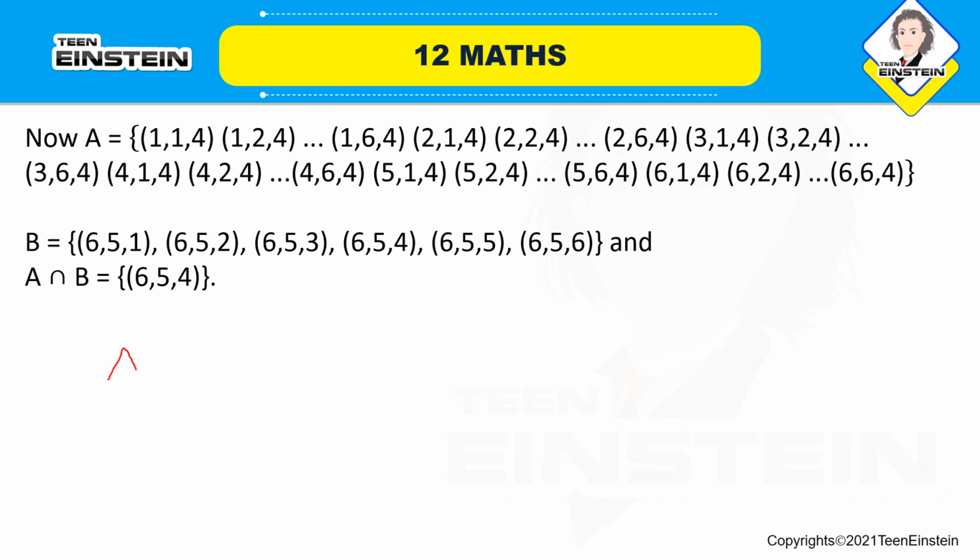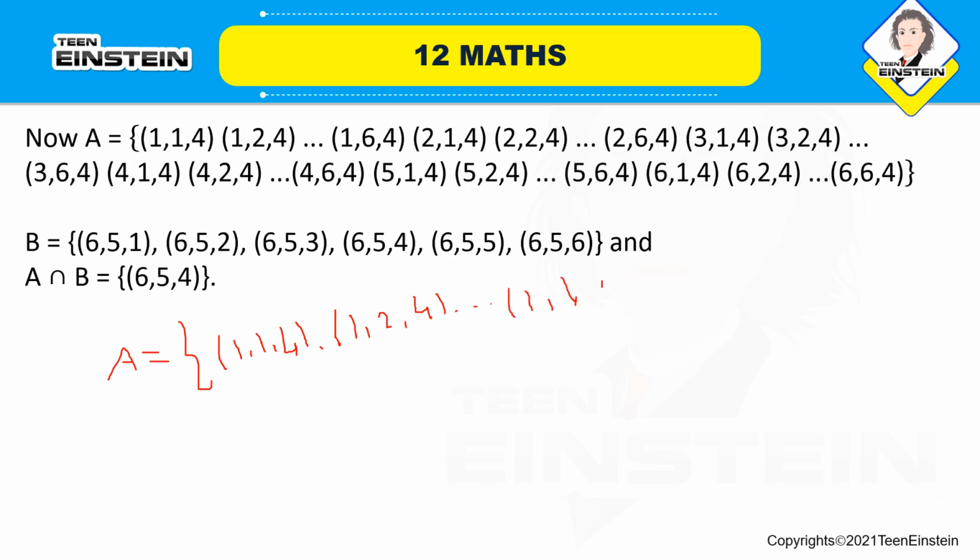A equal to set of all 4 on the third throw. So 1, 1, 4. Third throw only I am getting 4. Then 1, 2, 4. Here also I am getting 4 on third throw, etc.